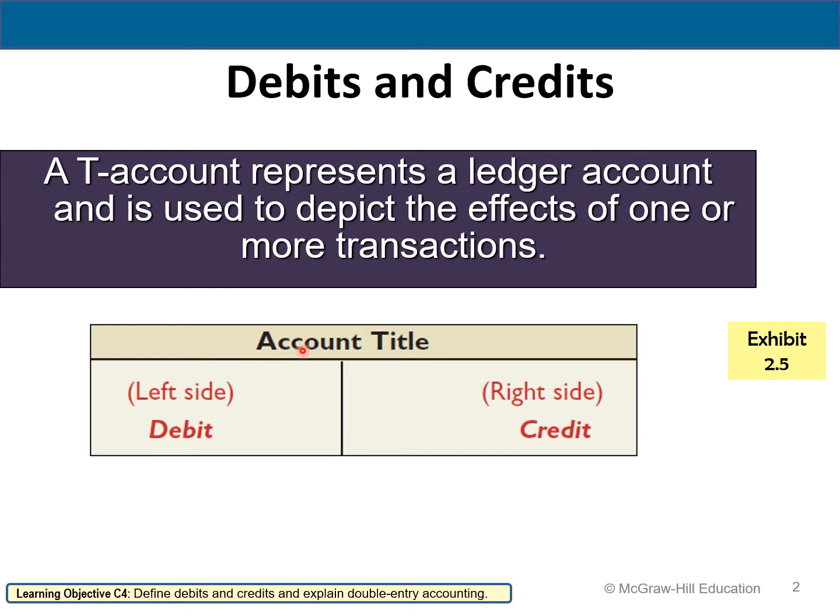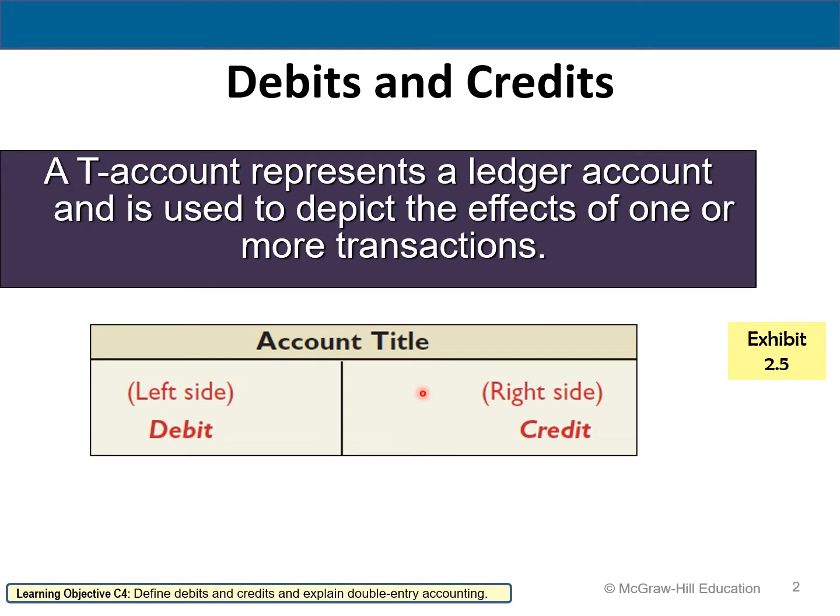From our perspective, debit means, if you think of an account, this is what we'll call a T account. From our perspective, debit means an adjustment to the left side of the account, and credit means an adjustment to the right side of the account.